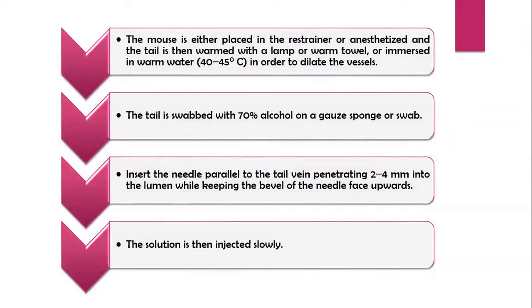The tail is swabbed with 70% alcohol on a gauze sponge or swab. Insert the needle parallel to the vein, penetrating 2 to 4 mm into the lumen while keeping the bevel of the needle facing upward, and the solution is injected.